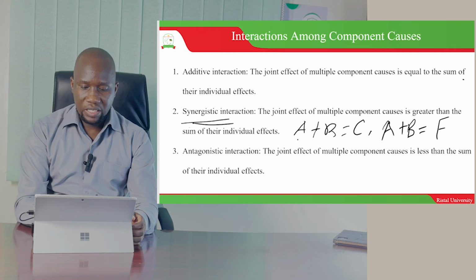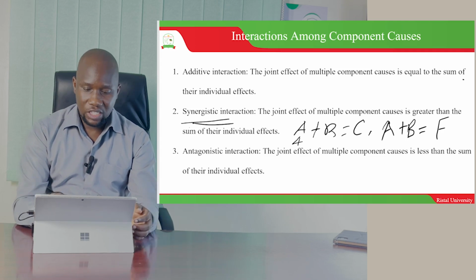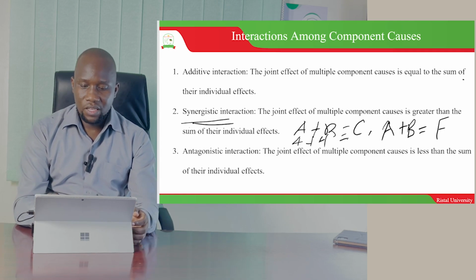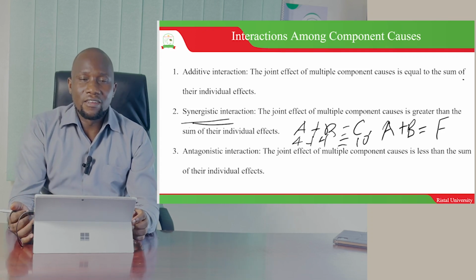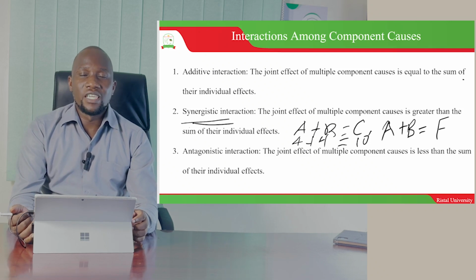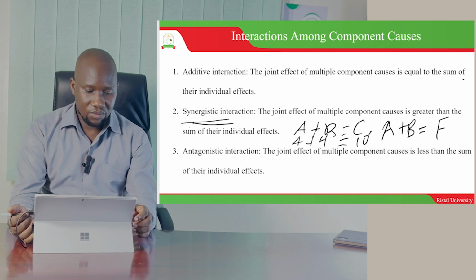So it's the same thing we are saying, that if you have a factor with maybe a score of 4, this is hypothetical, plus 4, instead of getting 8, you get 10. This is a synergistic interaction.